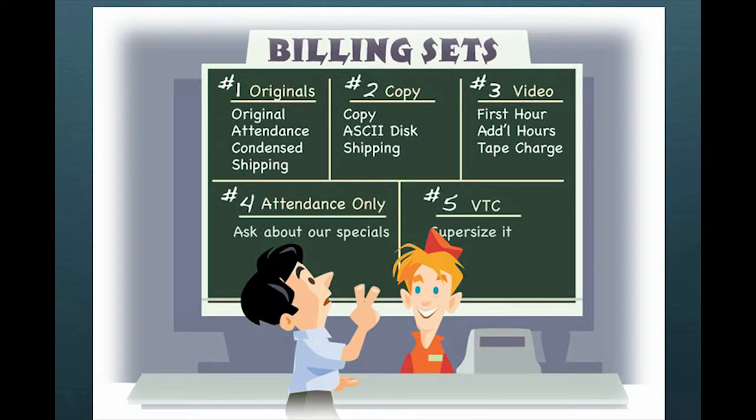Here is a picture to explain the concept of a billing set. A billing set is like a set menu that you can find in a fast food joint or in a Japanese restaurant as a bento concept, where you simply say, hey, give me a number 2. The number 2 contains all the items for that particular menu set.